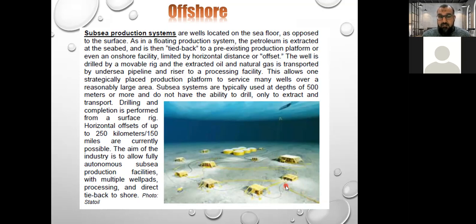This gives some flexibility to the system, so that when the platform is on the sea, they have to have other subsea systems consisting of pipelines, as you see here, and structures, all connected together to transport the extracted gases from one platform to another, or to another facility or plant for more processing.